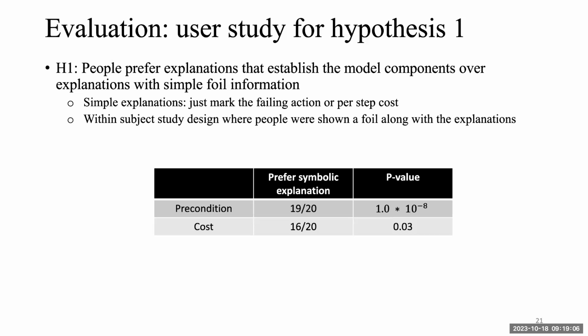We don't specify any concepts related to these two things. We did a within-subject study where people were shown a foil along with both kinds of explanations. We saw that people do prefer symbolic explanations. In 19 out of 20 cases, they preferred symbolic explanations, and the results were statistically significant.